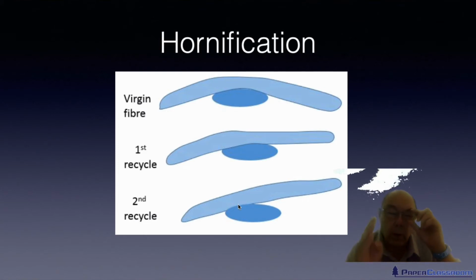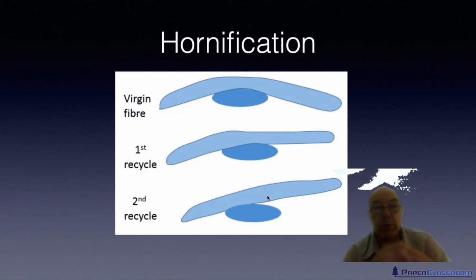So now we know why recycled fibres form weaker sheets, then we can work out what to do to reduce that effect. So if we recycle our fibres at higher pH, then the high pH will cause the fibres to swell, then we can get more water in, then they'll become more flexible, then you'll get more contact area and you'll get a stronger sheet.